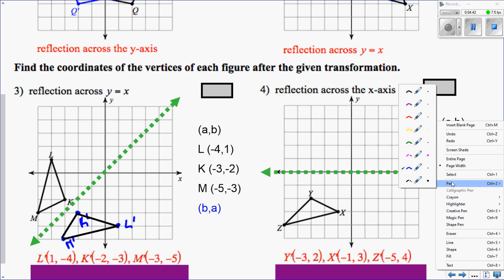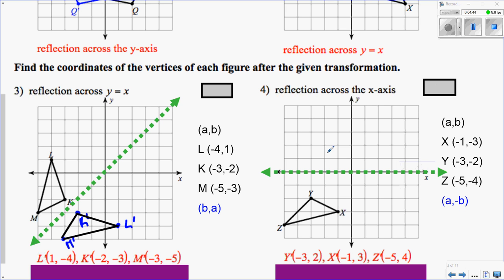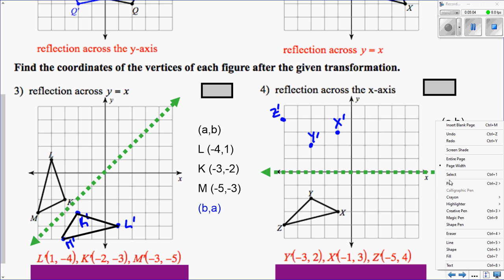So now we just plot the points to show that reflection over the x-axis. So Y prime is (negative 3, 2). X prime is (negative 1, 3). And Z prime is (negative 5, 4). Make sure when you have a new image, it's going to be prime.